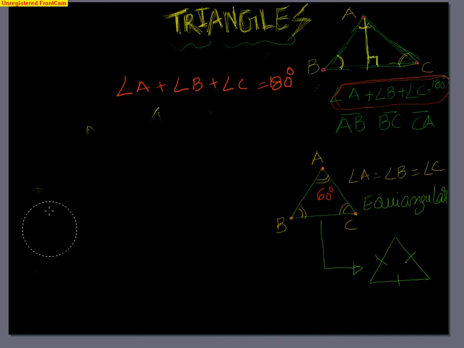But in an isosceles triangle, you know that two sides are equal. Two sides are equal in an isosceles triangle, right? We generally keep the side which is not equal, that is this side, as the base, right?